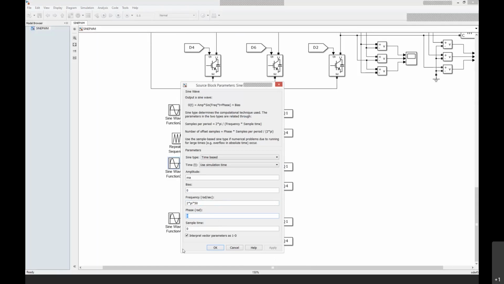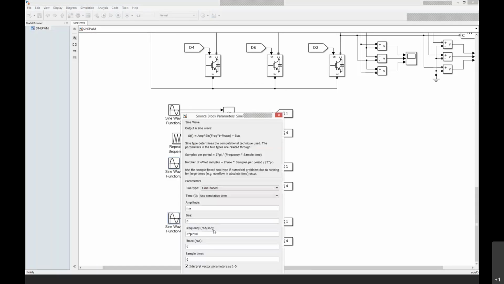So in this phase we need to shift this one by minus 2 pi by 3, and this one is minus 4 pi by 3.